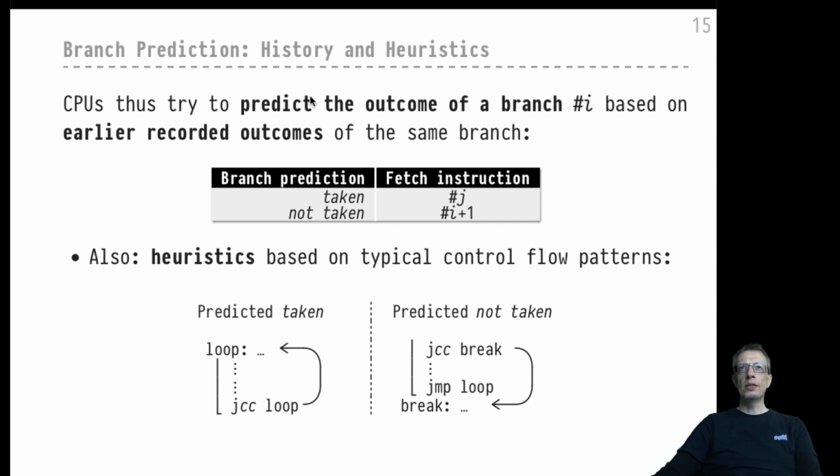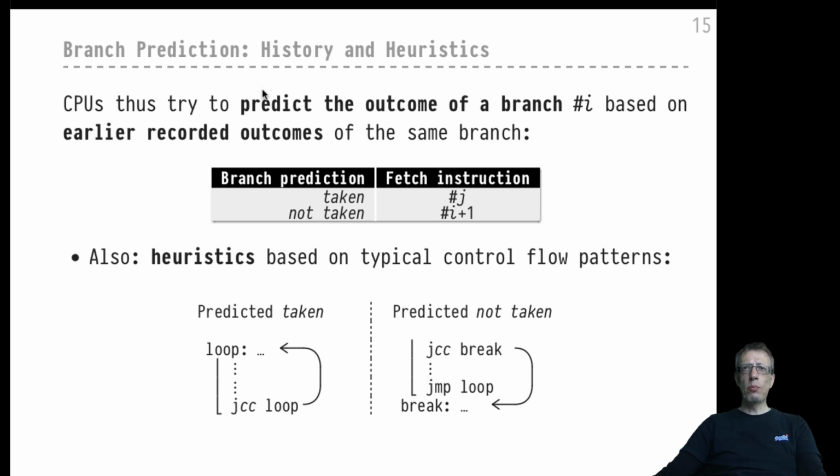Okay. And such branch prediction is based on multiple techniques. The main two techniques inside modern CPUs that are in use here are history and heuristics. Okay, so history says if a branch at a particular address I, for example, has always been taken in the last few encounters of this particular instruction at this particular address, then it's probable that this branch will be taken again.